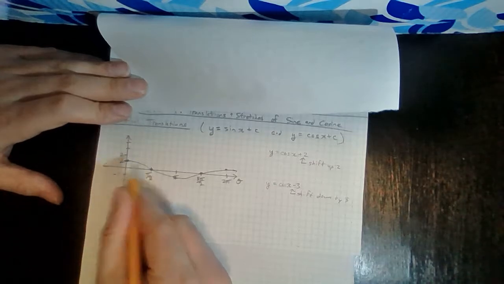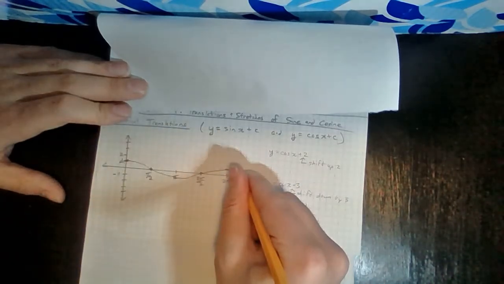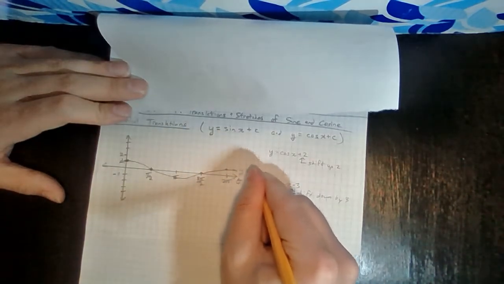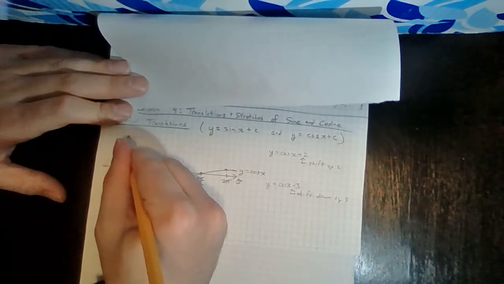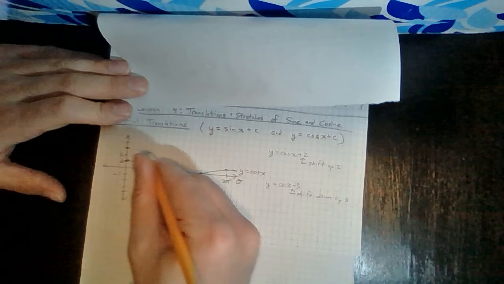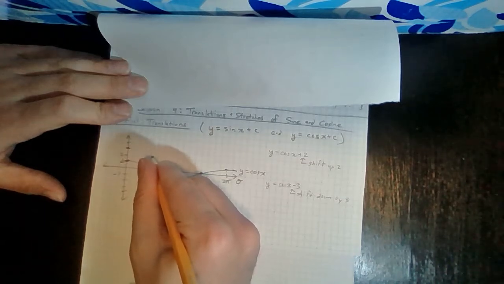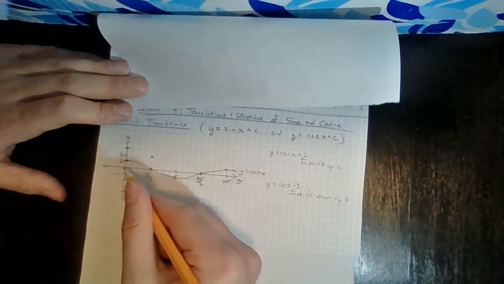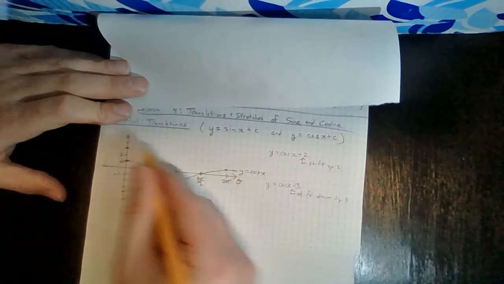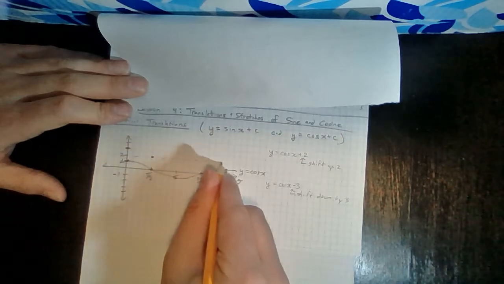Now if we shift everything of this parent function up by 2, we're going to start at 3. Our axis, when we drop 1, is now going to be at 2. Our axis got shifted up 2 as well, so our axis is y equals 2.